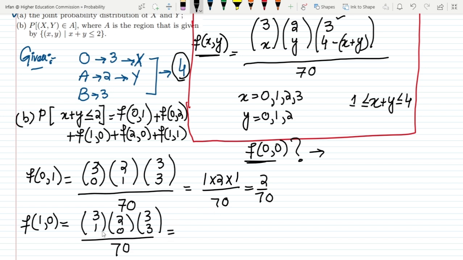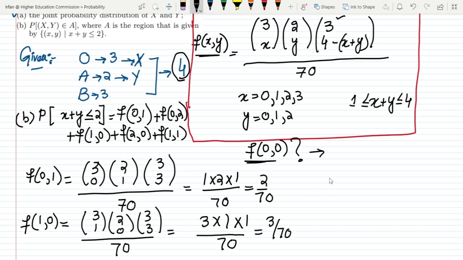Now finding them out, it will be 3 factorial divided by 2 factorial into 1 factorial. So these two will cancel out, and at the end I will get 3. So 3 will be left here. From it I will get 1, and from it I will again get 1. So it will be 70. So I will have 3 by 70.